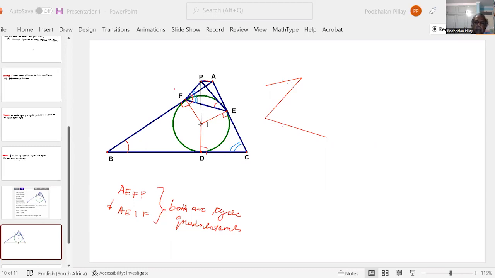API, right? I claim that that angle is 90 degrees also, API. Now, what's the reason for that? Now, follow the argument carefully.